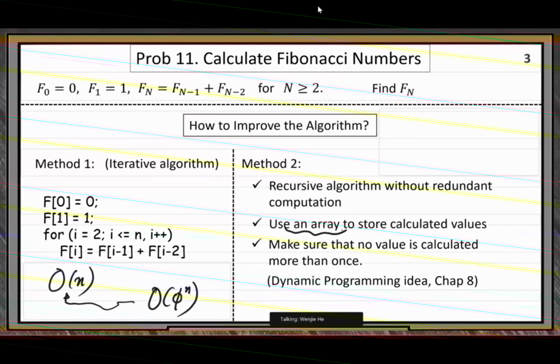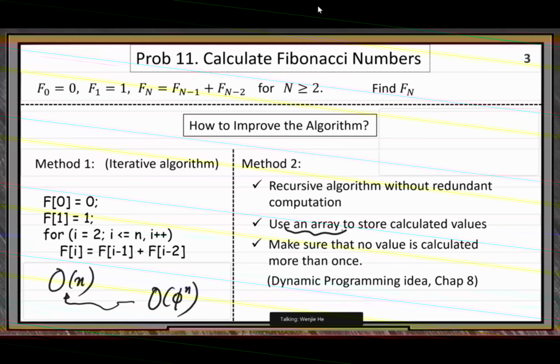Let me spend some time to explain this general idea for dynamic programming. In our project number 2, we will implement Fibonacci numbers in 2 different algorithms.